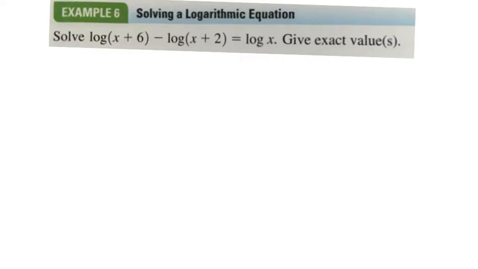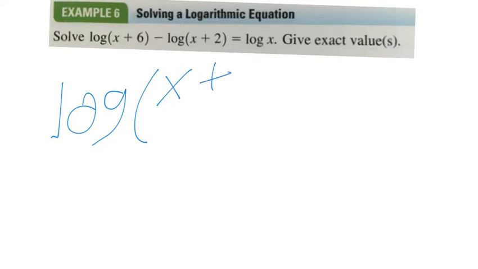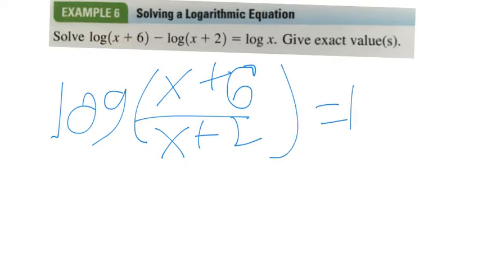So we'll deal with that in a minute. But if you notice the left-hand side, we're subtracting two logs that have the same base. Since we're subtracting two logs that have the same base, we can combine them into one logarithm and then divide. That equals log of x.